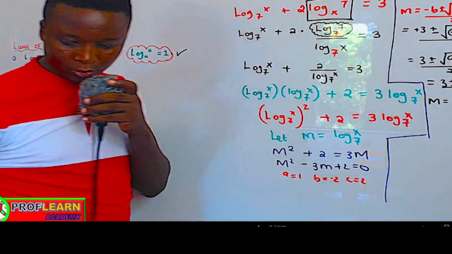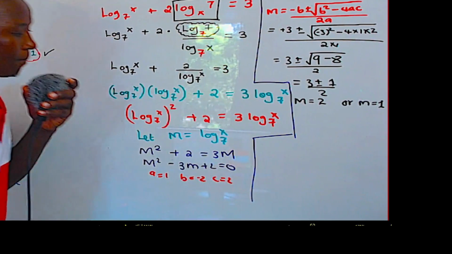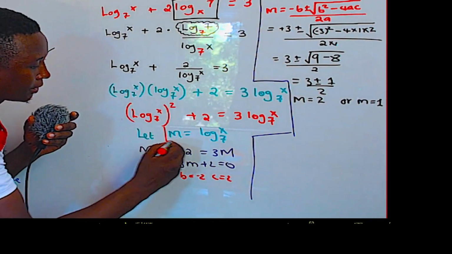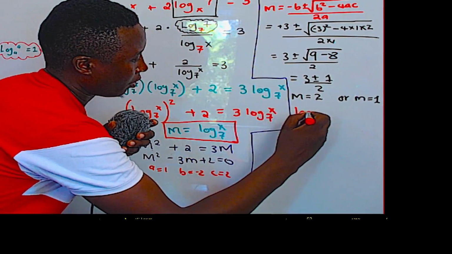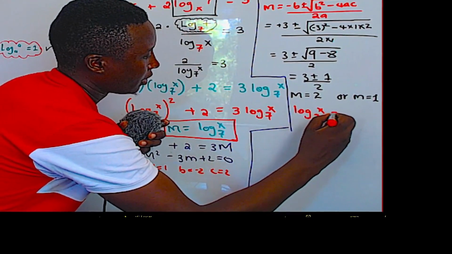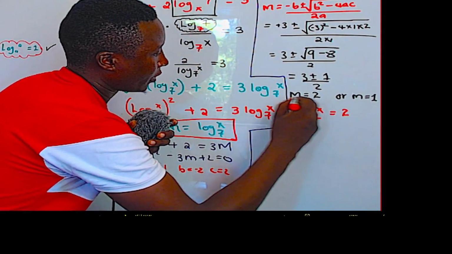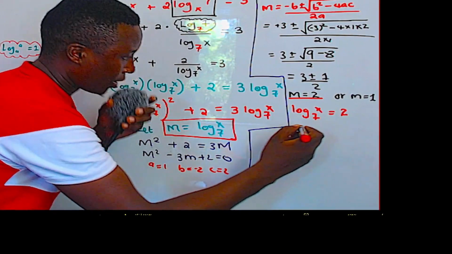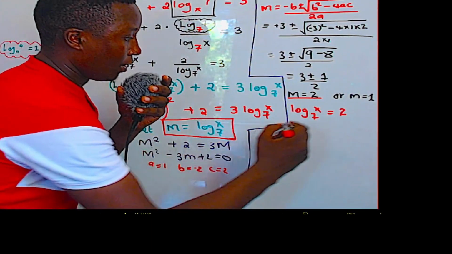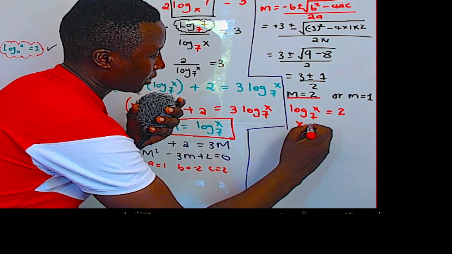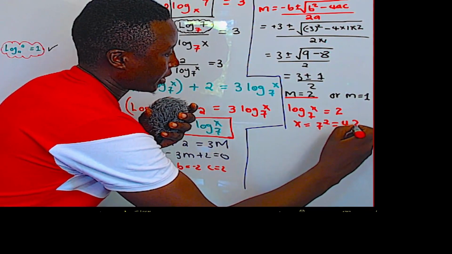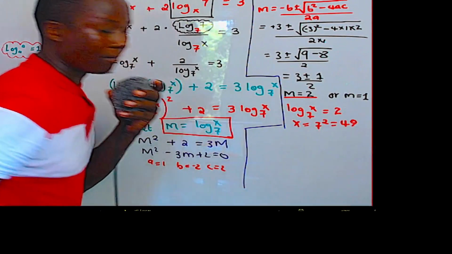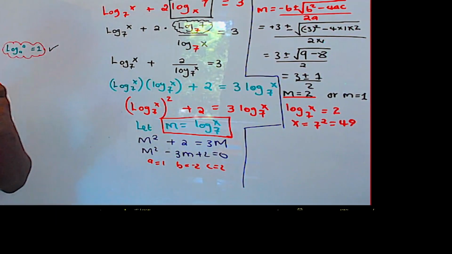So we have two solutions for m, but we had said let m be log x base 7. So we can say log x base 7 is equal to 2 for the first answer. And if we write it in index notation, that's going to be x is equal to 7 power 2, and that gives us 49. The first answer is 49.